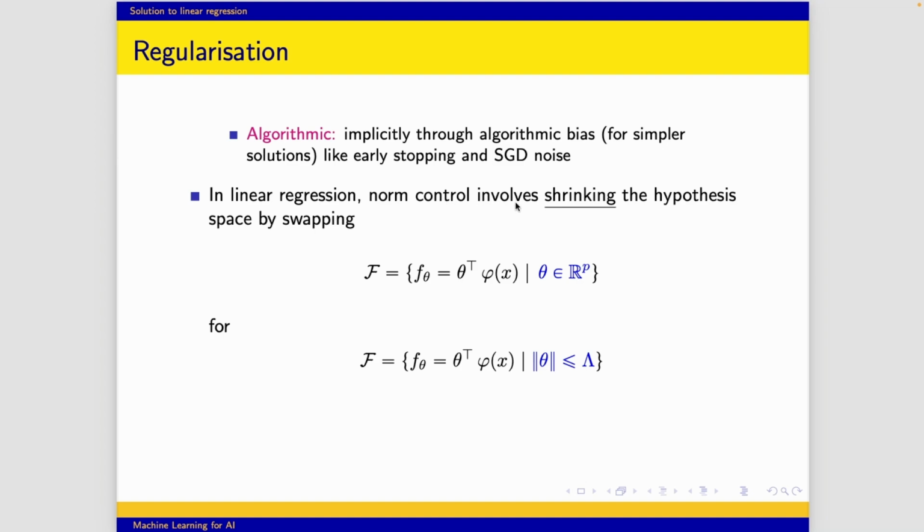And how are we going to do this? Well, rather than minimizing our empirical risk over this hypothesis space where we allow any value of theta, we are going to swap this for a minimization over this hypothesis space where we restrict the sizes of the thetas that we allow to within some ball.